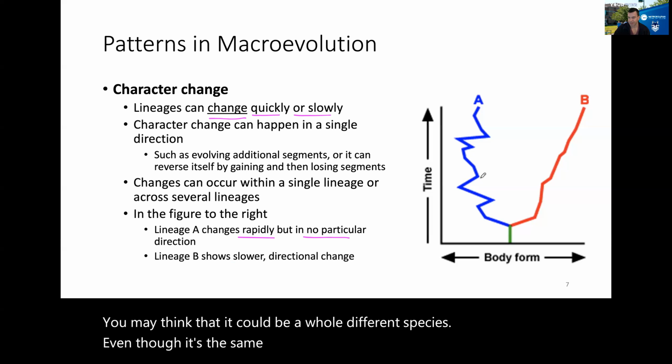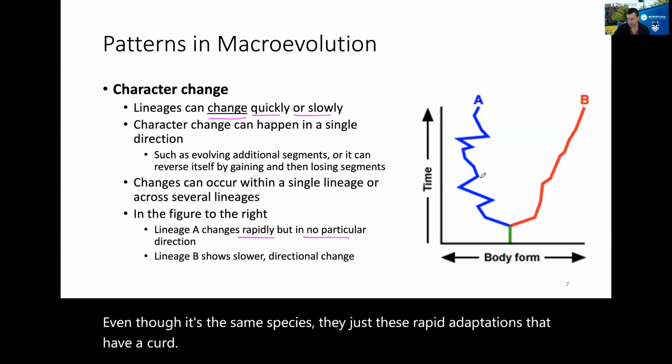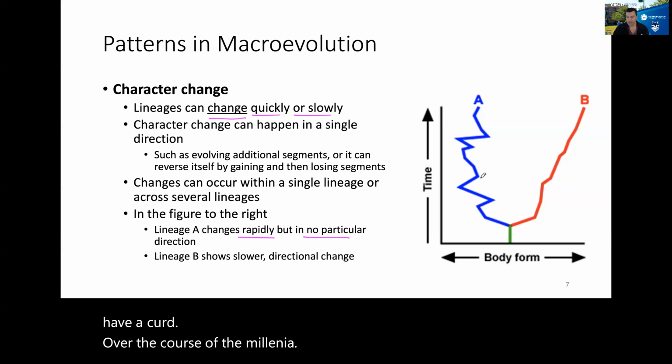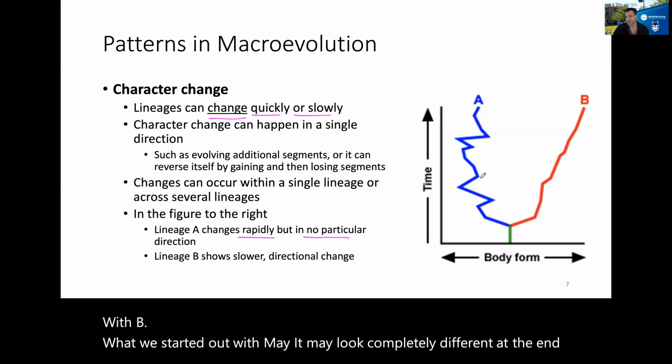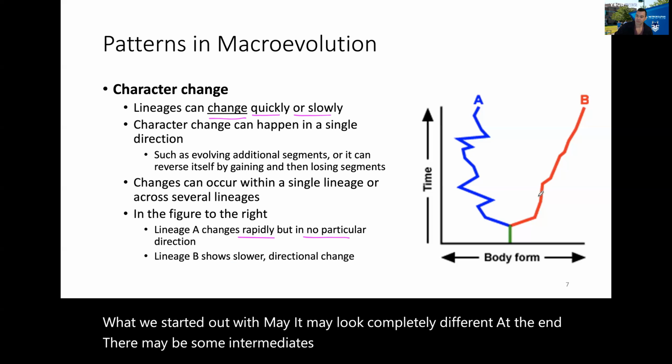They're just these rapid adaptations that have occurred over the course of the millennia. With B, what we started out with, it may look completely different at the end there. There may be some intermediates along the way that have occurred.